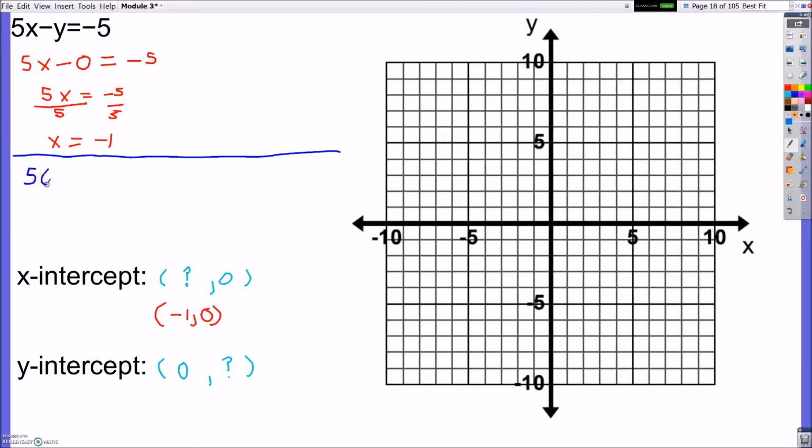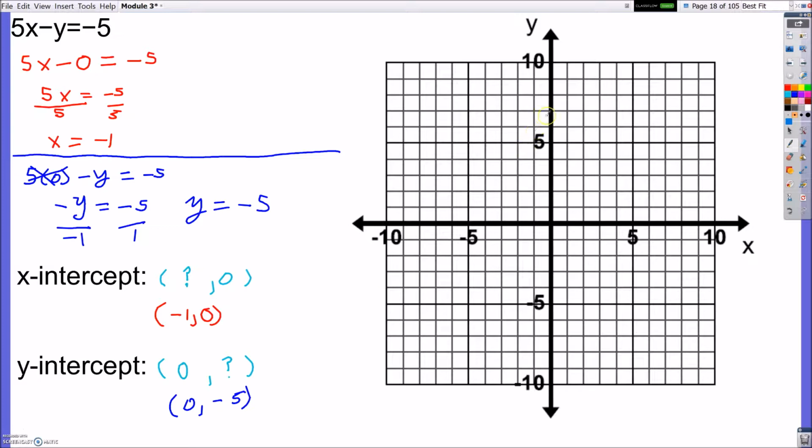So 5 times 0 minus y is equal to negative 5. Now, this will give me 0 minus y, but I can essentially just ignore it because I'm going to be left with negative y is equal to negative 5. I'm going to divide both sides by negative 1 to get y is equal to 5, which means my y-intercept is 0, 5.